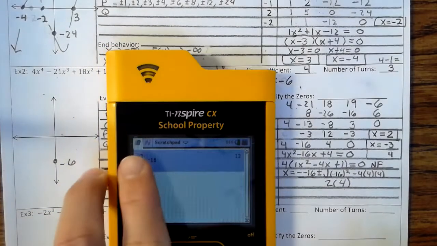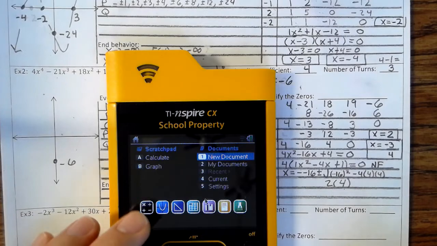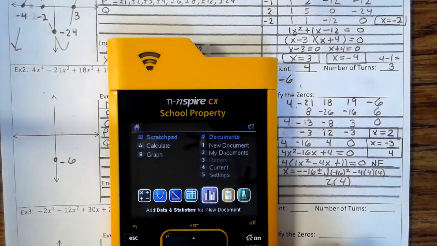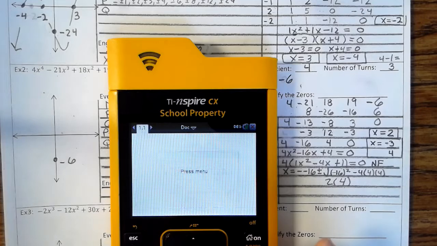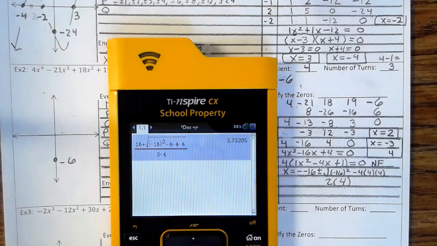Okay, so let's go ahead and plug that into the calculator. New document, add calculator, control divide. Well, that's just a positive 4 plus control square root of parentheses negative 4 squared minus 4 times 1 times 1, divided by 2 times 1.